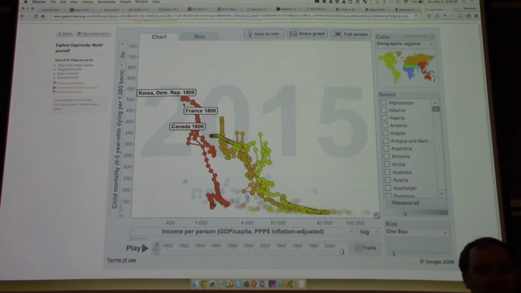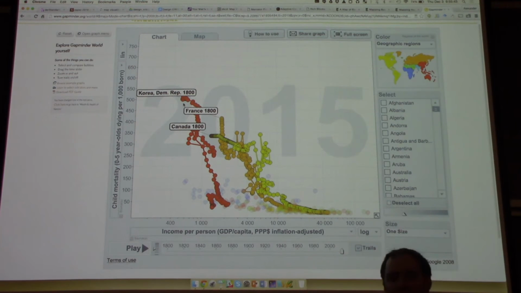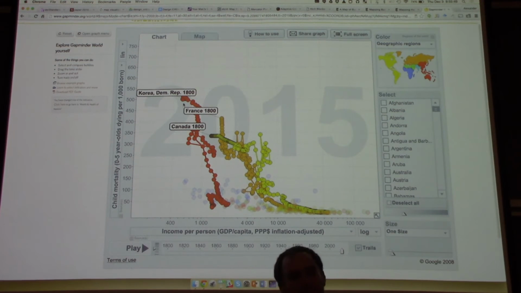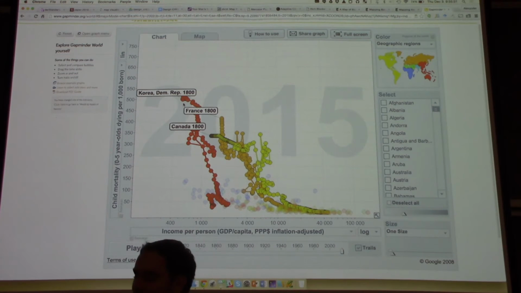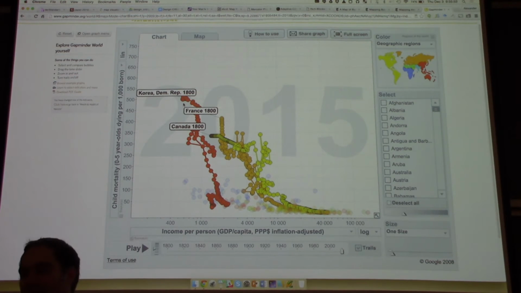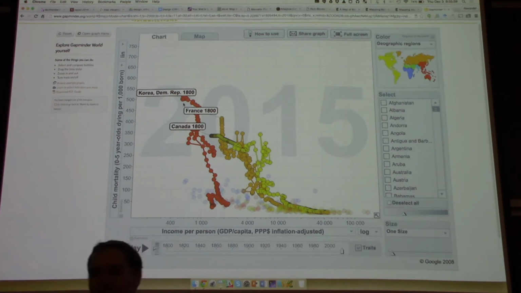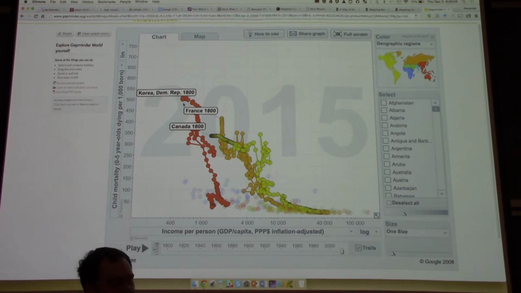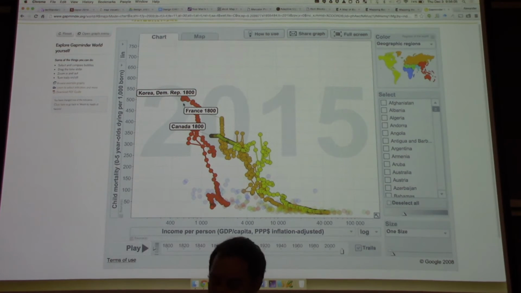So they work well if you want to just look at a single indicator, but if you want to see the correlation between two indicators over time, it gets tricky with line charts. And of course, what would be the standard technique that you could also use here instead of these lines? Well, you could do small multiples. So you could pick, let's say, 6 or 7 or 8 time snapshots and plot them as individual small multiples.